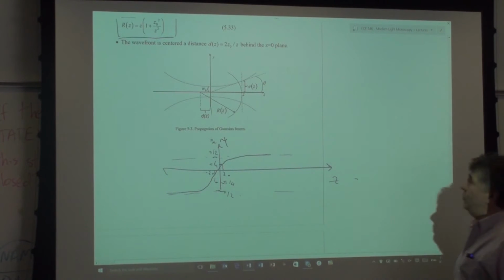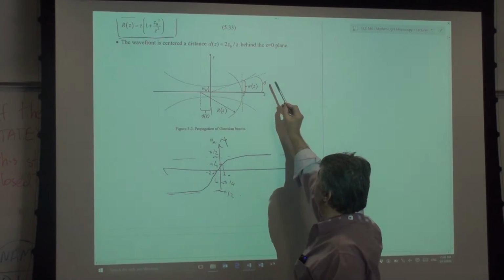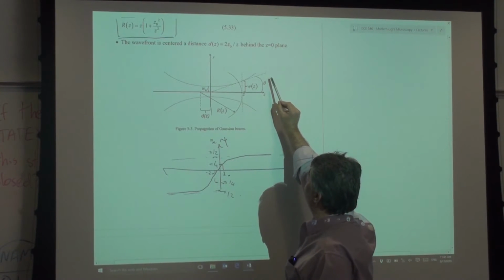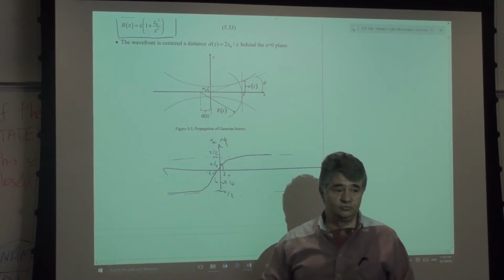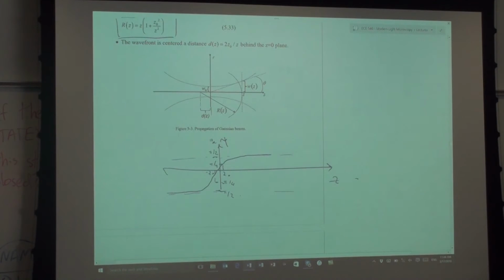Well, there's one more parameter that is very commonly used. We use it all the time: the diffraction angle. How do we define the diffraction angle? Well, intuitively, it is this tangent.